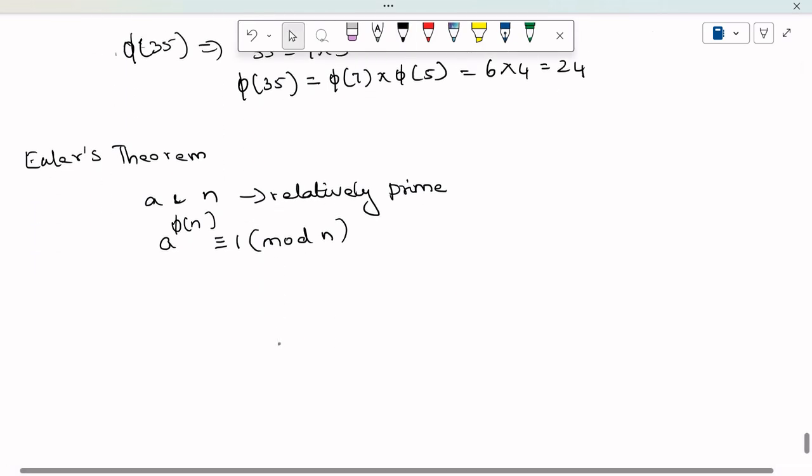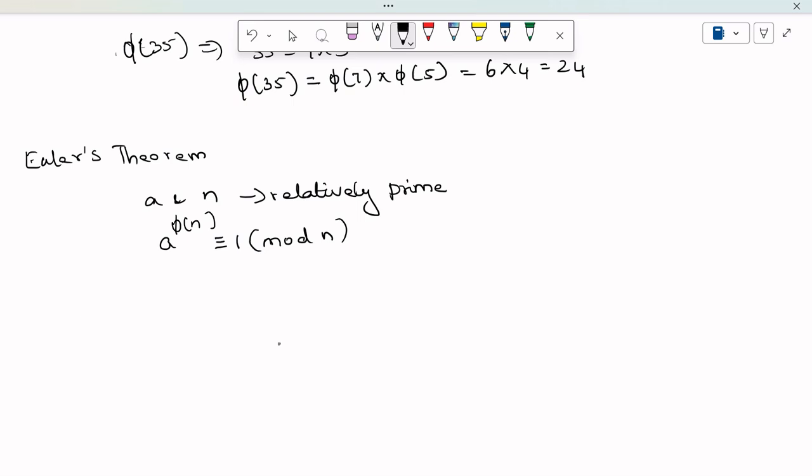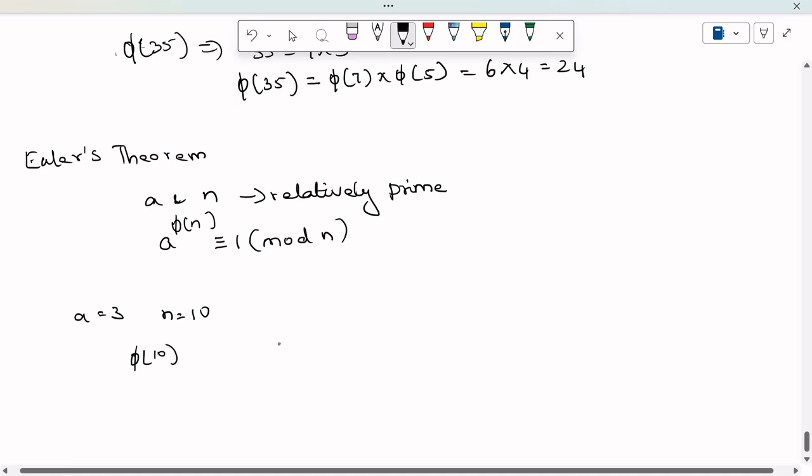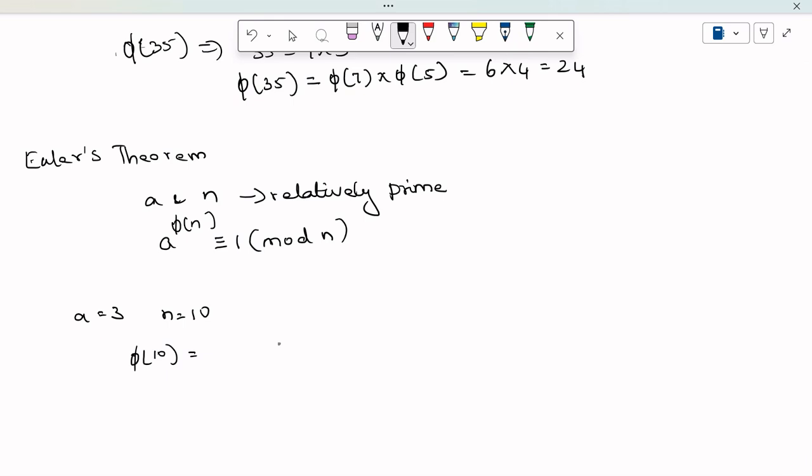Yes. So we can start with an example. A is equal to 3, n is equal to 10. We know that 3 and 10 are relatively prime. So this should satisfy this particular theorem, right? So here phi of 10. What is phi of 10? As discussed earlier, we can factorize the n value and then proceed with the task. So it is 5 into 2, right?